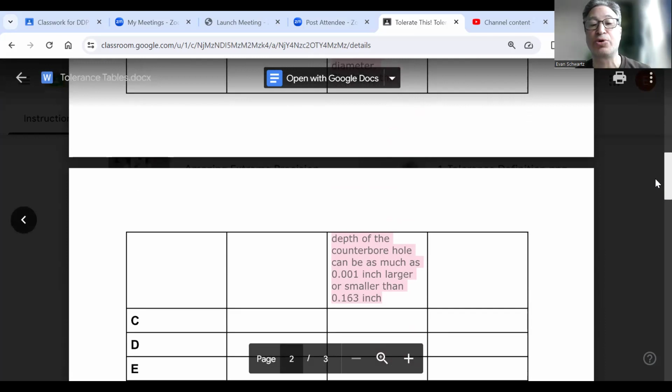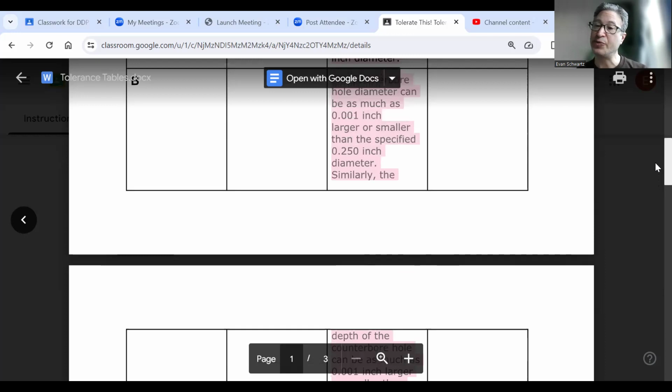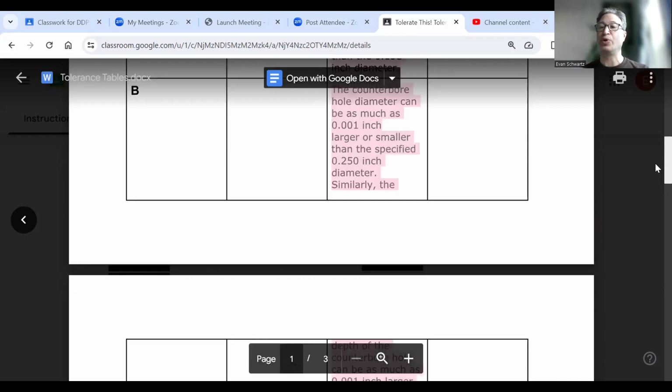The depth of the counterbore hole can be as much as 0.001 larger or smaller than the 0.163 inch. So all of this information is telling us what the original dimension is, how much larger it can be, how much smaller it can be, and the feature we're looking at. So in this case, it's a counterbore hole and the depth. So we want all that information in there.